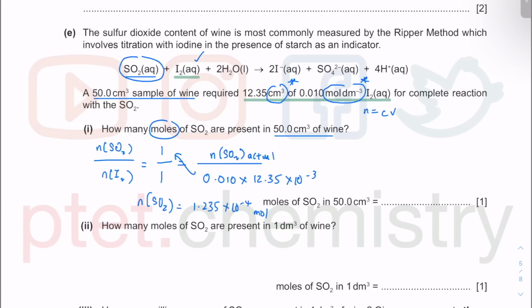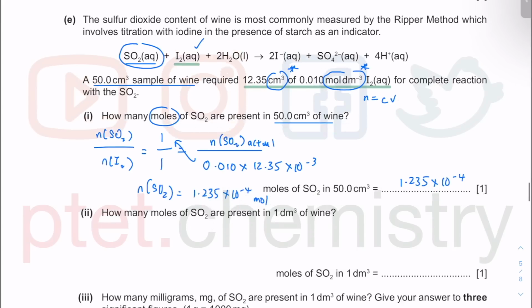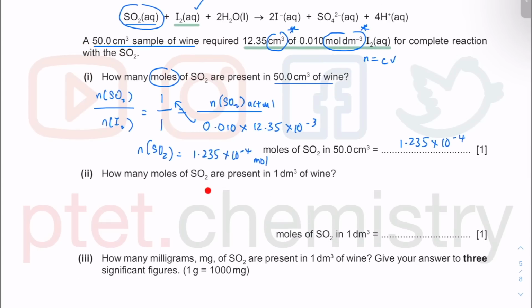Looking at the options here, I have 1, 2, 3, and 4 significant figures. This is 2 significant figures. This is 3 significant figures. This is 4 sig fig. I would say 3 to 4 sig fig would have been acceptable in this question. I'll just leave it as the exact answer here because it is 4 sig fig within the range of these 12.35 cm³ there.